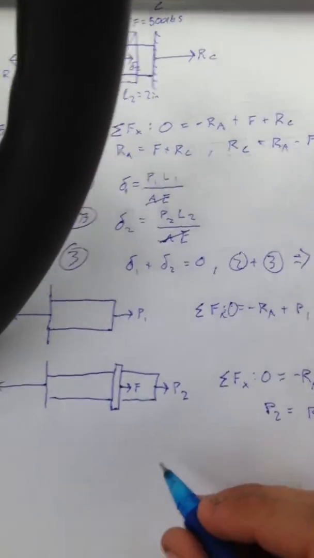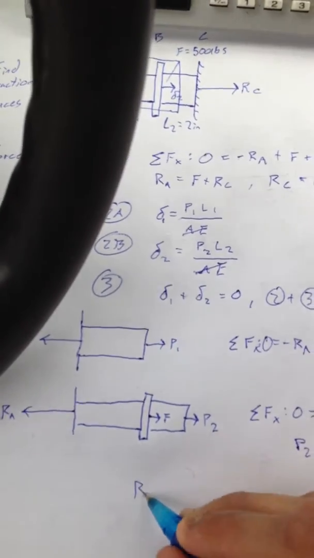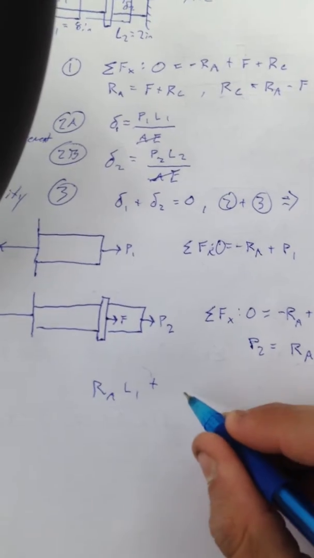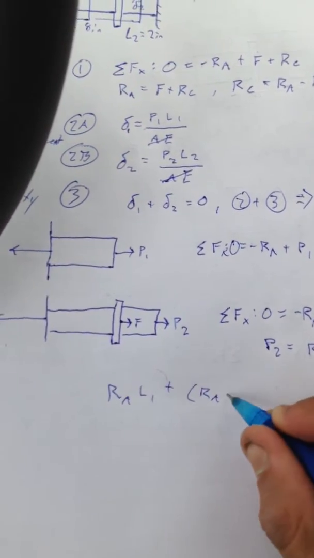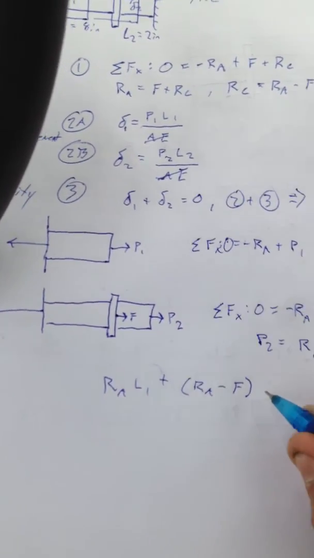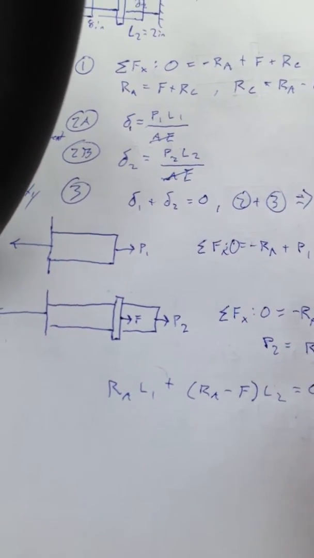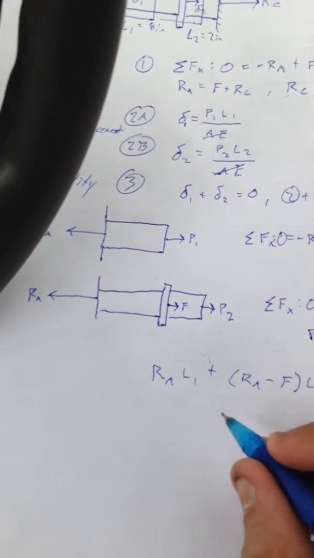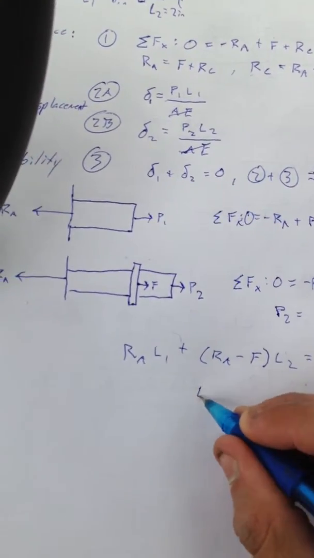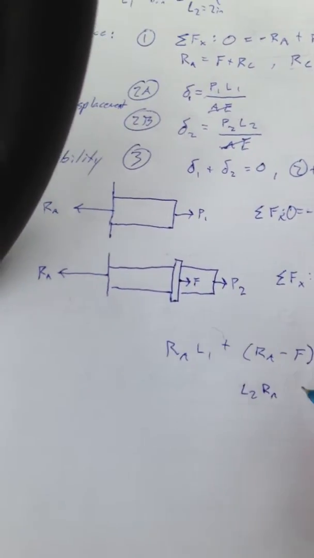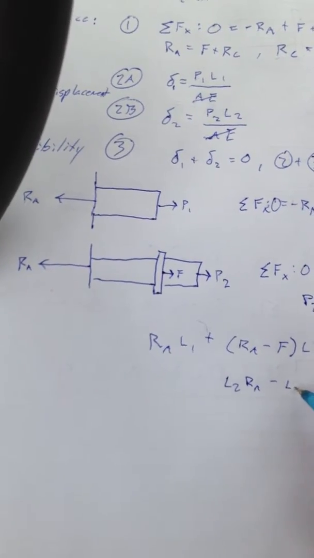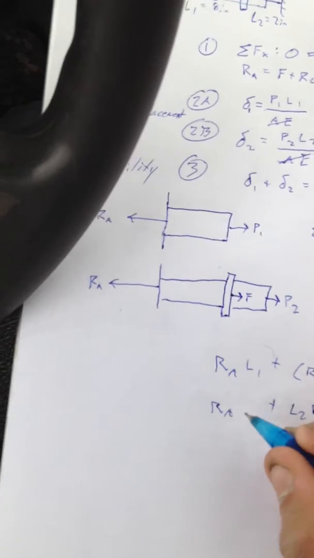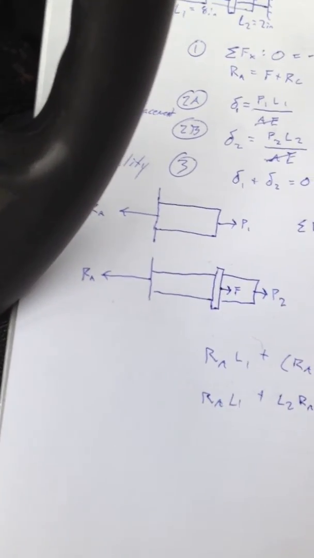So we get RA times L1 plus parenthesis RA minus F times L2 equals 0. Then we distribute the L2, so we get L2 times RA minus L2 times F plus RA times L1 equals 0.